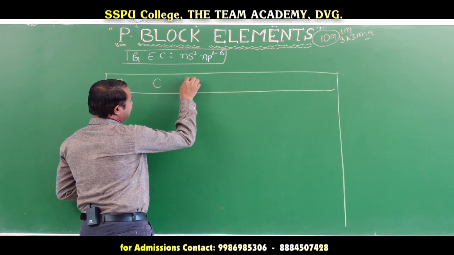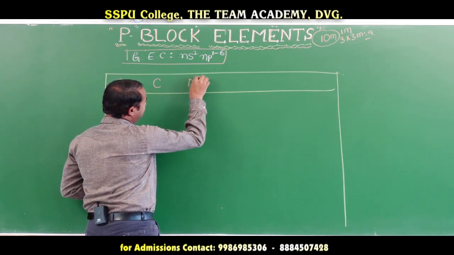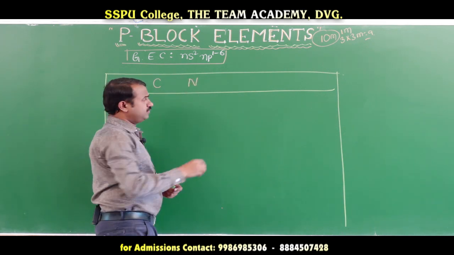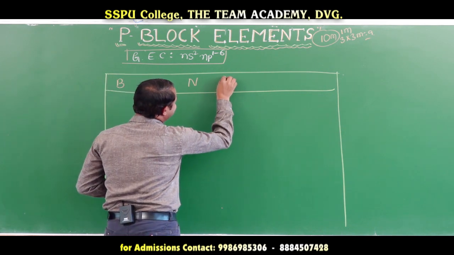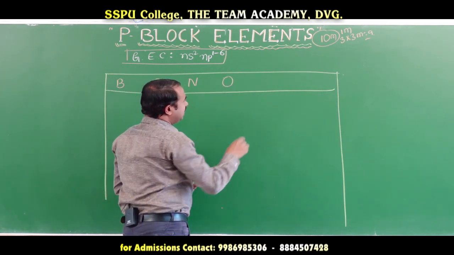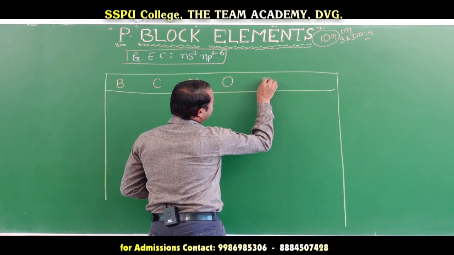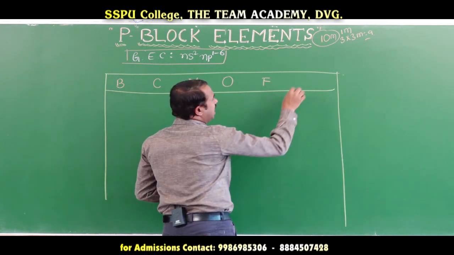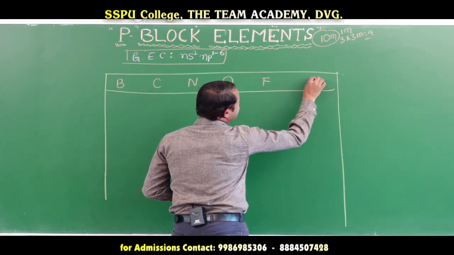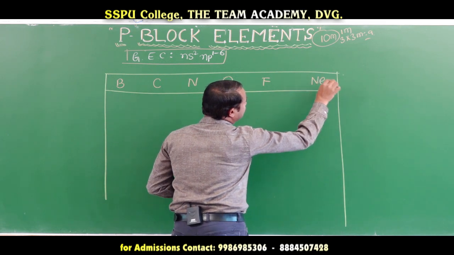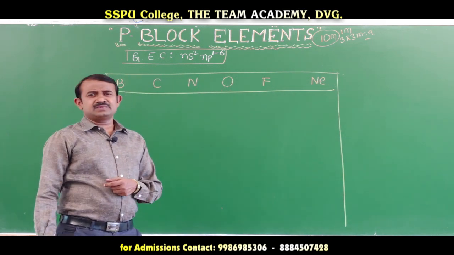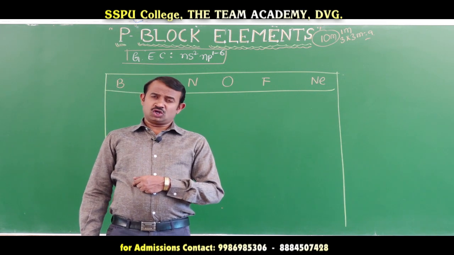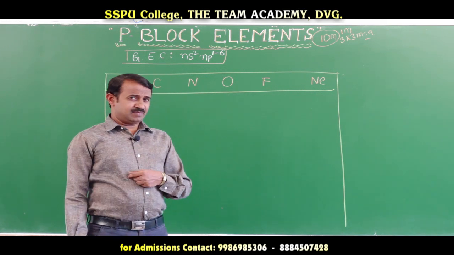The next family is the carbon family, then the nitrogen family, then the oxygen family, then the fluorine family, and the last group is helium, a noble gas.